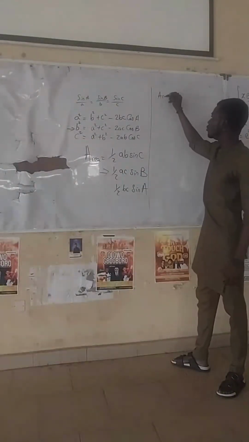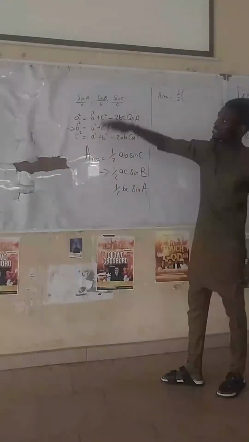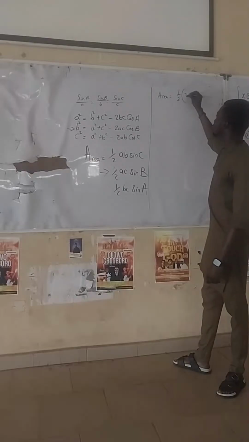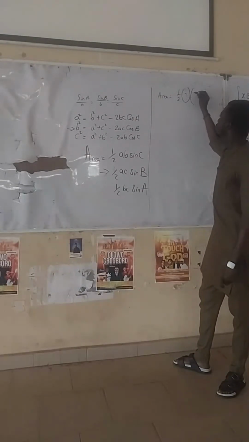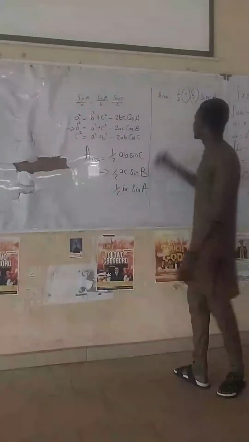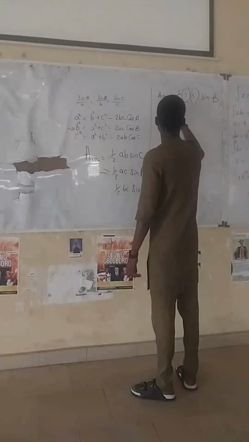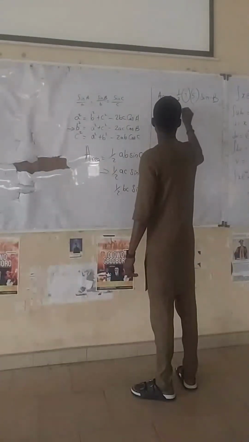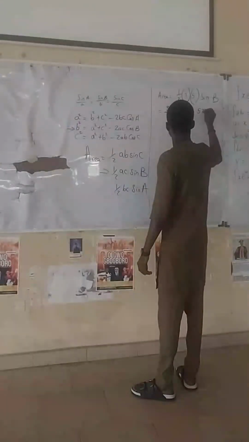So area will be 1/2, our A is 7, our C is 5, sine B. 1/2. This gives us 35/2 times sine 57.12.